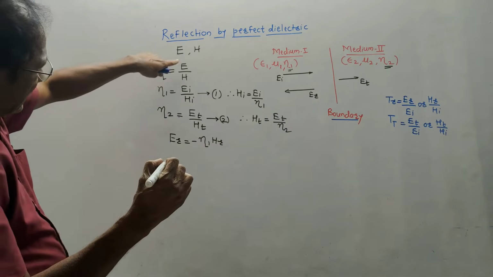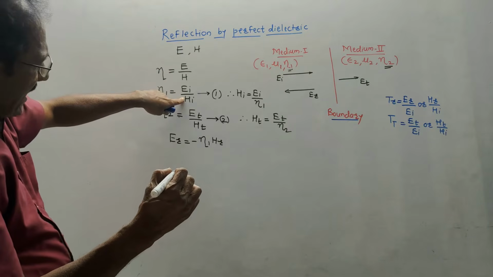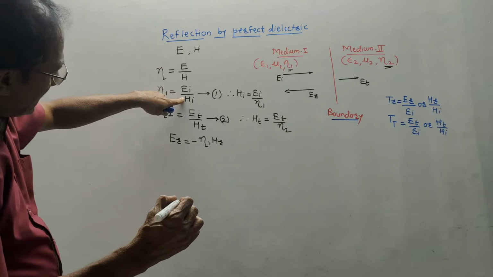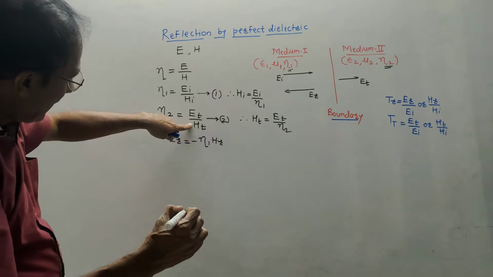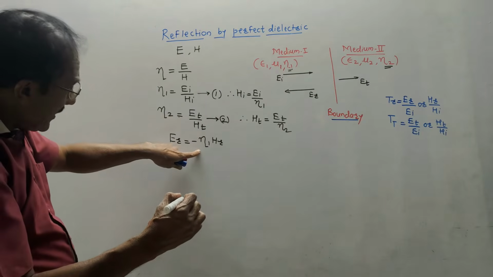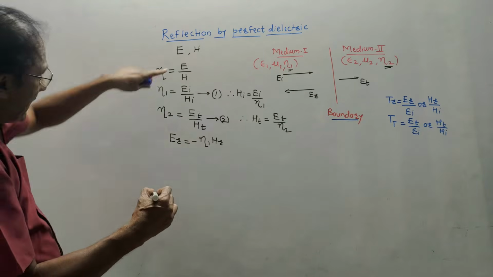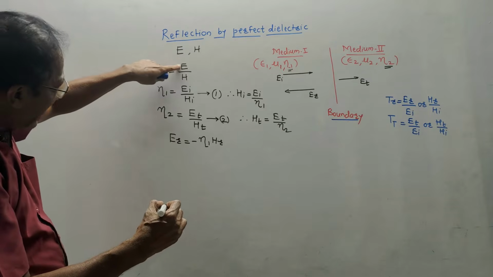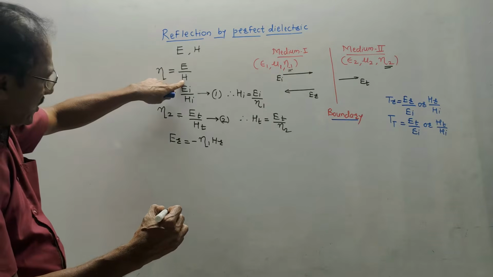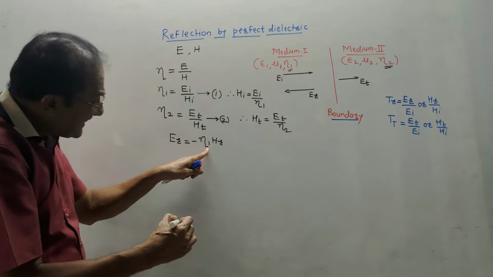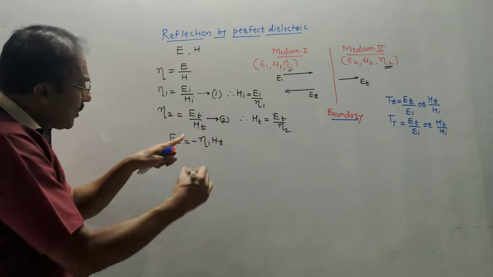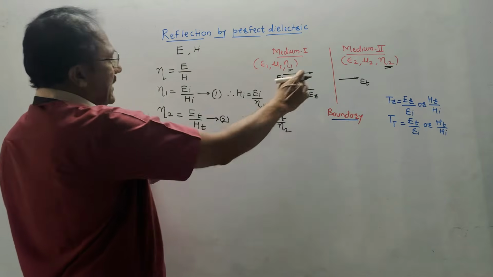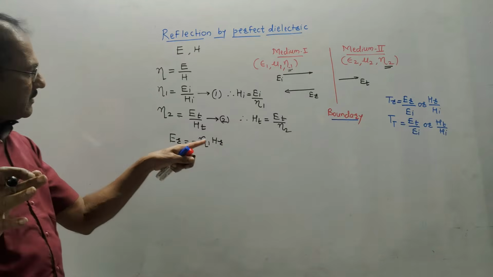See, eta is E by H. The first equation I have written in terms of I, that is the incident wave. Second in terms of the transmitted wave. Now if I talk in terms of the reflected wave, then the basic formula is E by H, or E is equal to eta into H. So ER is equal to minus eta 1 into HR. Why? Because ER is in opposite direction to that of EI.